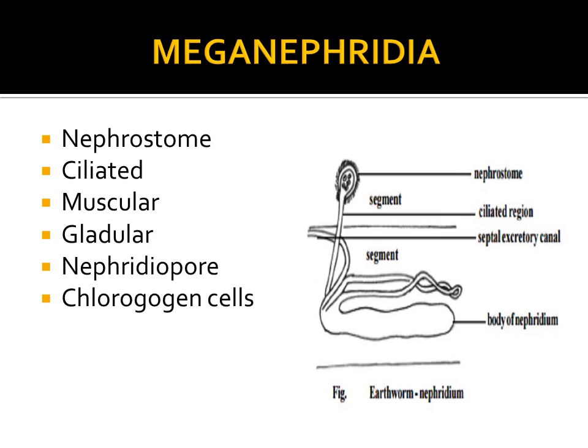Can you watch this figure? After the nephrostome, one tube arrives, marked as the ciliated region. This ciliated region also consists of cilia, hair-like projections, hence it is known as the ciliated region. Then this ciliated region continues as the muscular region.